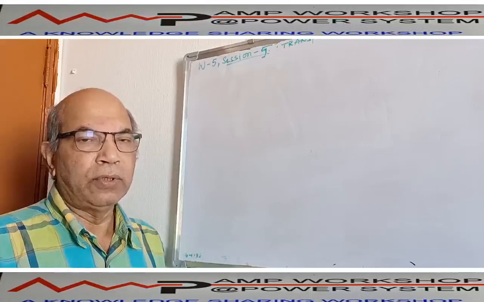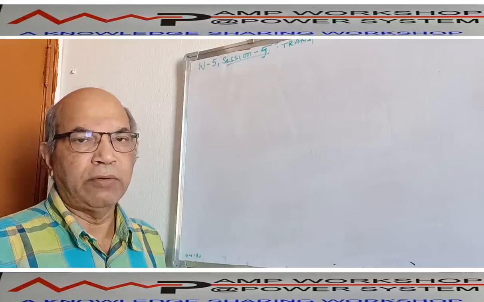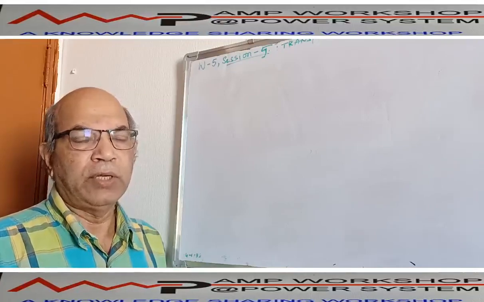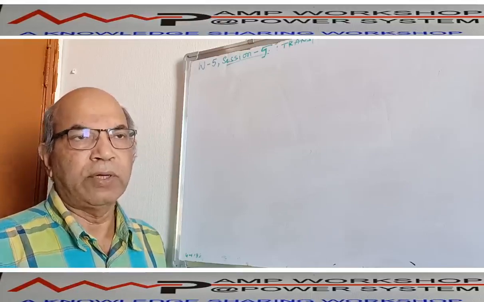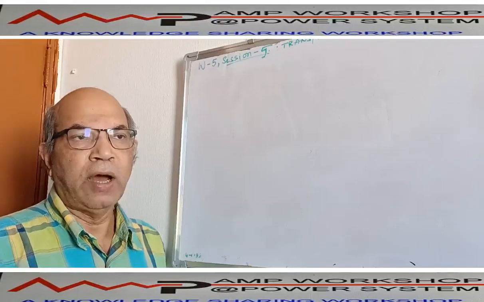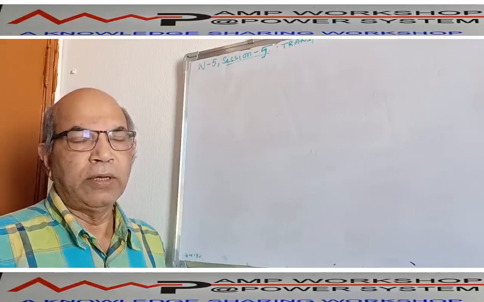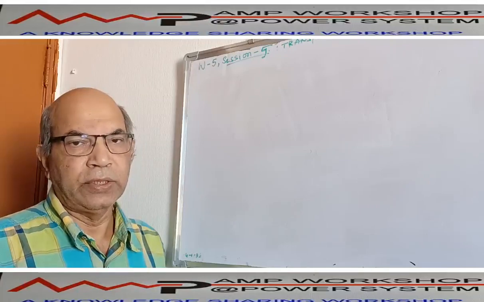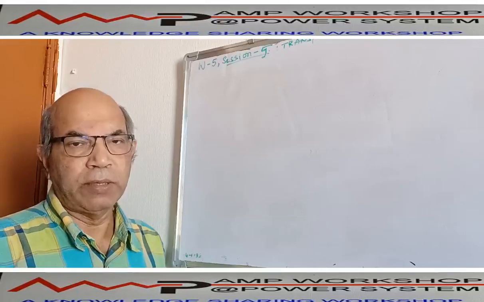Now, to decide the transformer size, meaning the kVA of the transformer, along with the voltage drop calculation for such a combination of loads, we again have 3 steps. Step 1: we have to find out how much continuous load is there, which will always be on the transformer, along with how much running load and how much starting load there is for the motor. The starting load and the running load of the motor are to be evaluated separately.